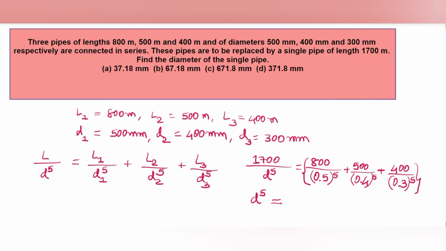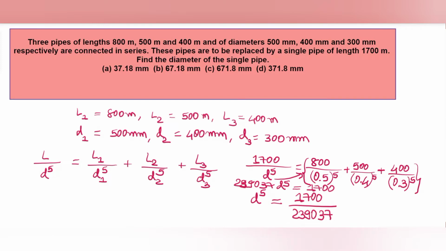On solving the right hand side, I'm getting 239037. On the left hand side, I have 1700 upon D raised to 5, which is equal to 239037. So D raised to 5 will get multiplied with 239037 into D raised to 5 is equal to 1700.